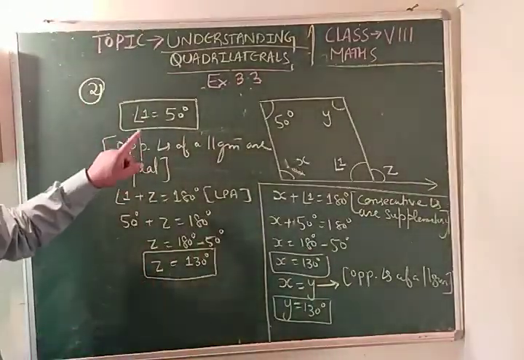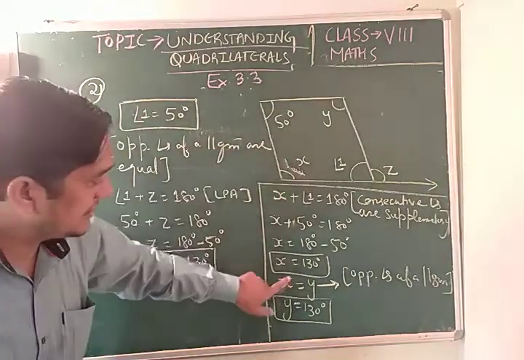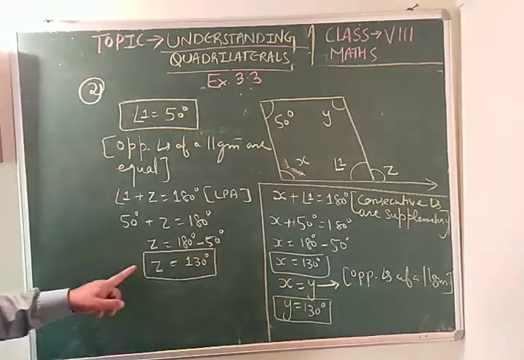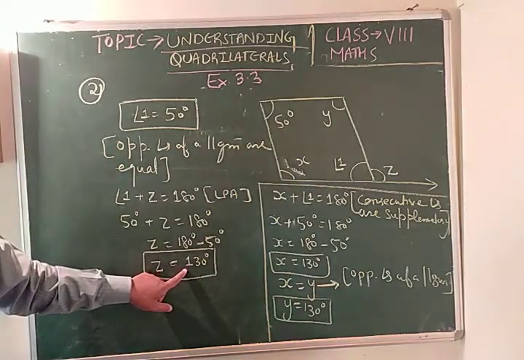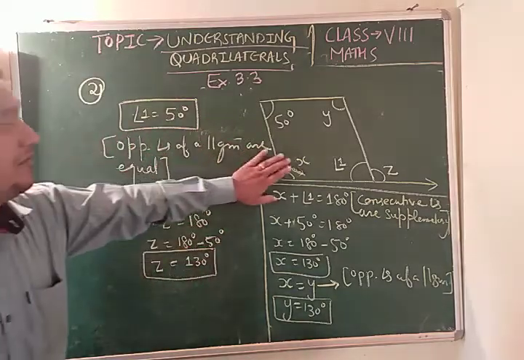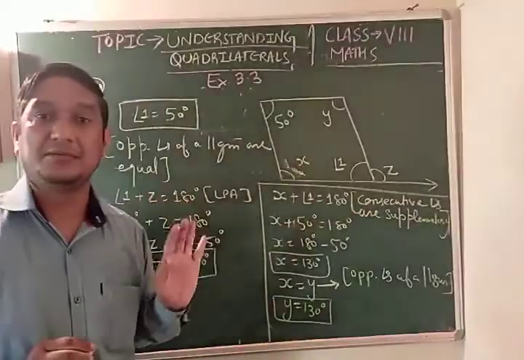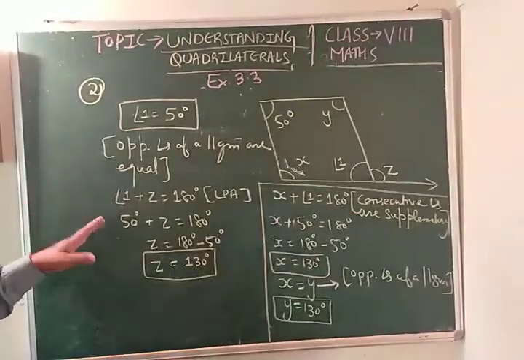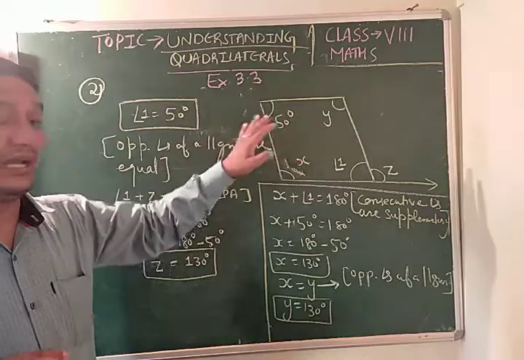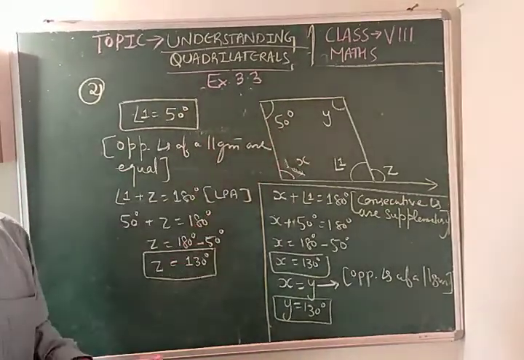Now look children, angle x is 130, angle y is also 130, angle z is 130 degree. In this way we will find all the values x, y and z. Children, you can find the unknown values of the angles by using the properties of a parallelogram.